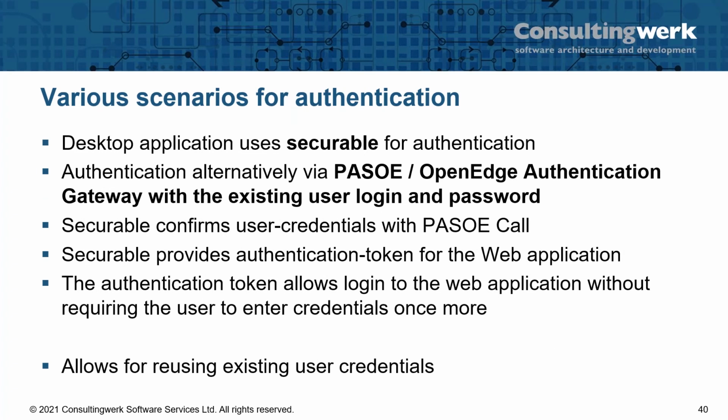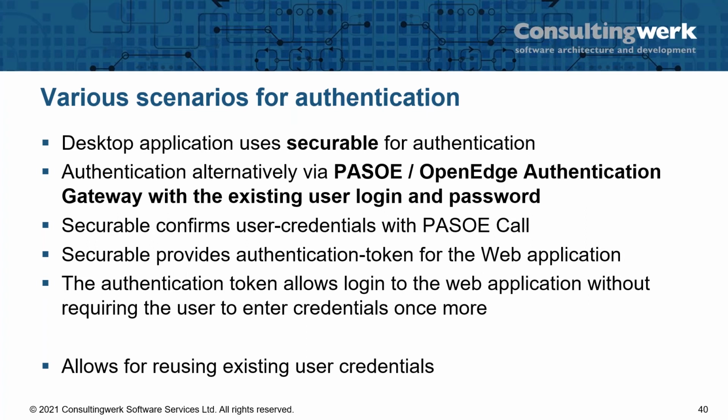Or the application could use Securable for authentication. That's the same thing. But Securable then calls, using its PassOE integration or the OpenEdge authentication gateway, into ABL logic that we write ourselves to ask for the validity of username and password.